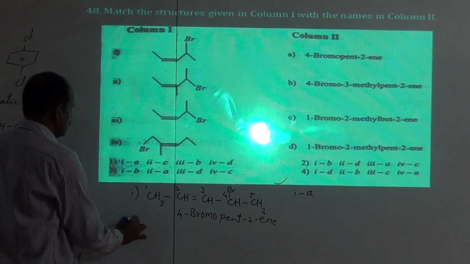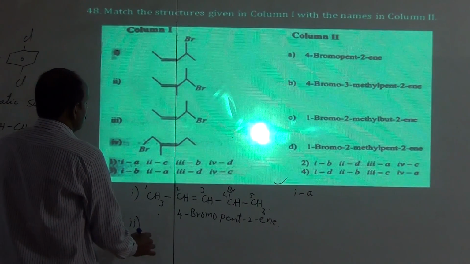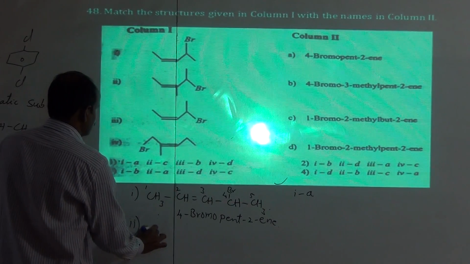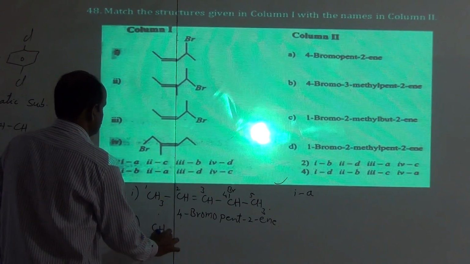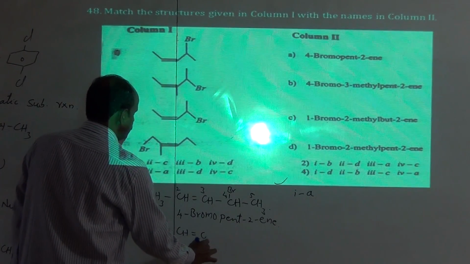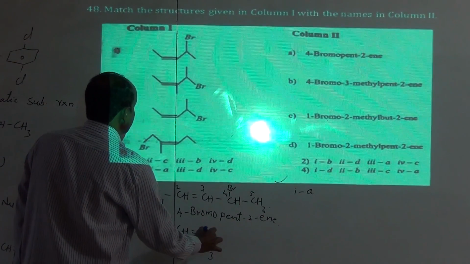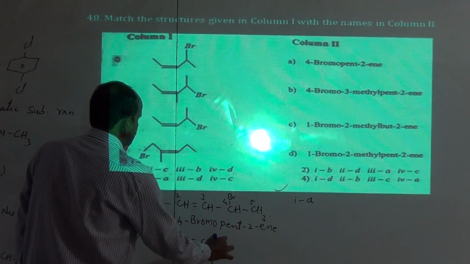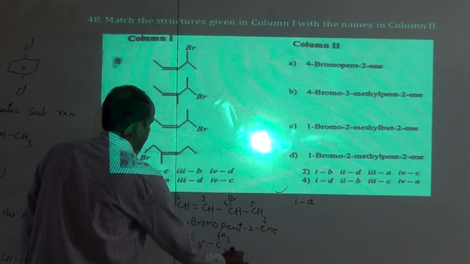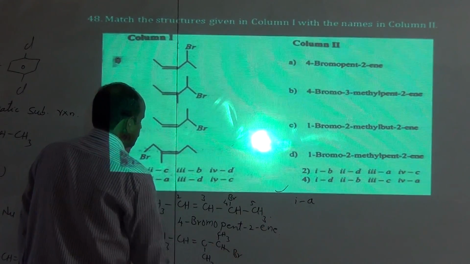Then second bit: CH3, CH double bond C, here CH3, here C, CH3, Br, here hydrogen is there.